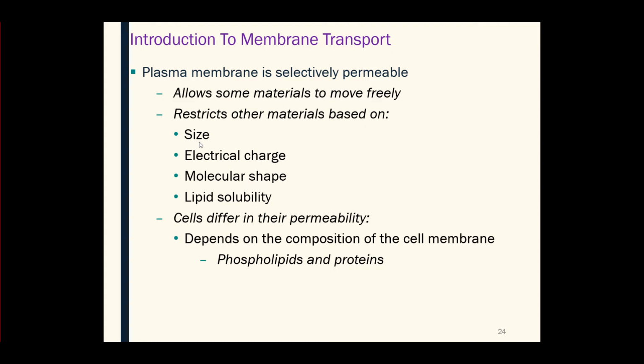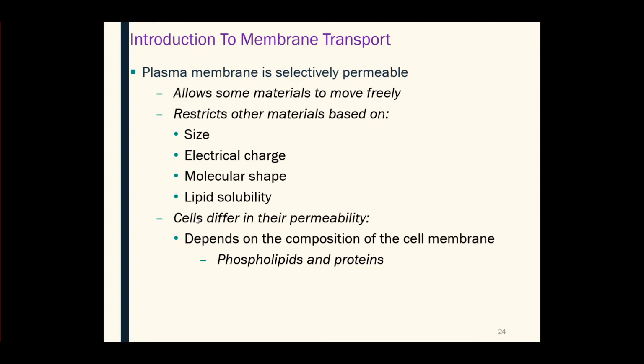If the shape of the molecule coming to the cell doesn't fit into a membrane protein, that's going to be a problem. It's going to be restricted. And if a substance coming to the cell isn't lipid soluble, it may not be able to go through the phospholipid bilayer. So these are all factors that can restrict the movement. We'll take a look at how these are handled in subsequent lessons.